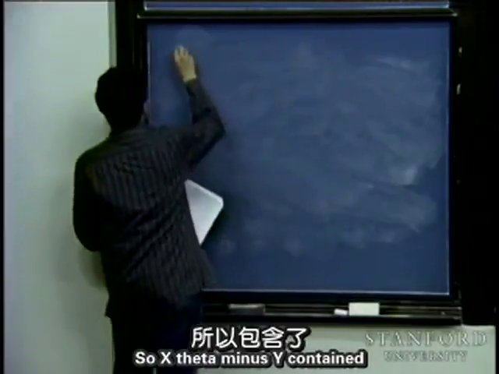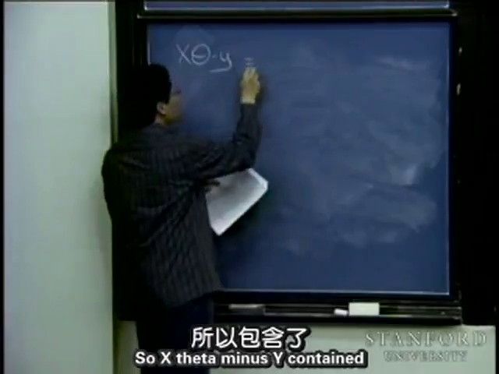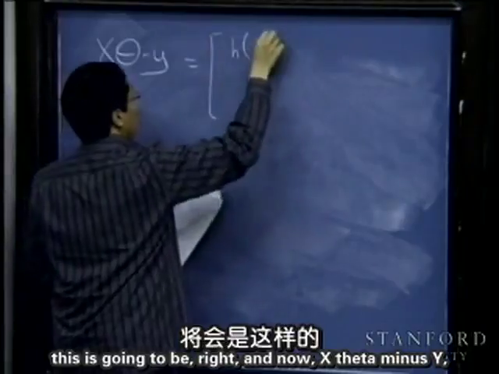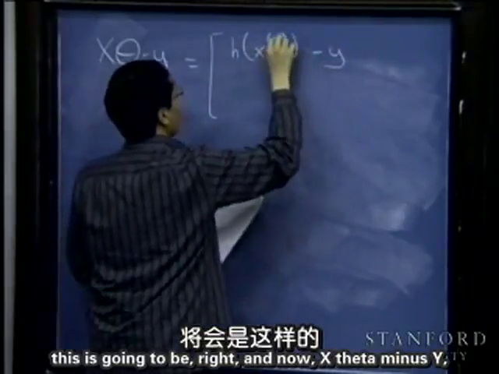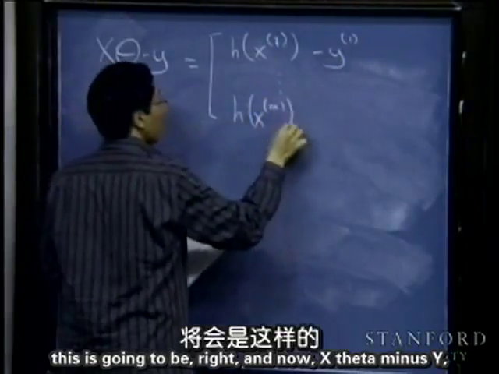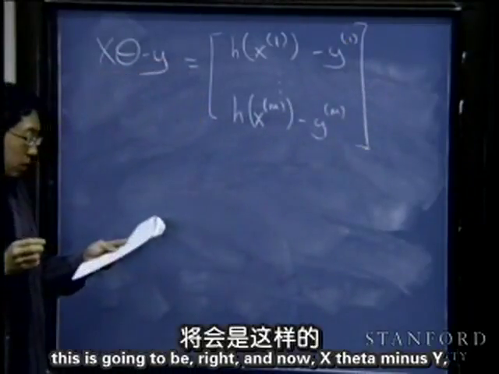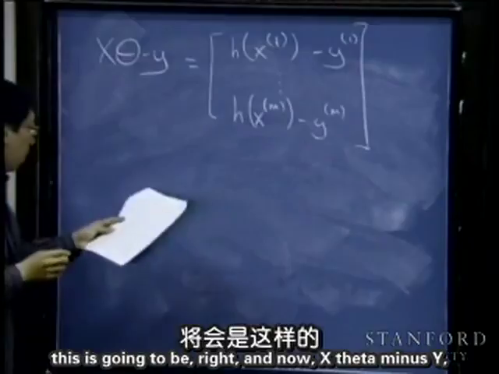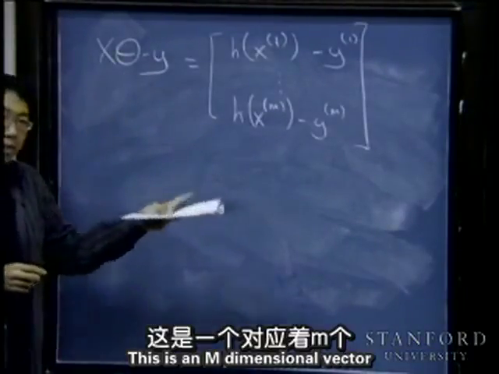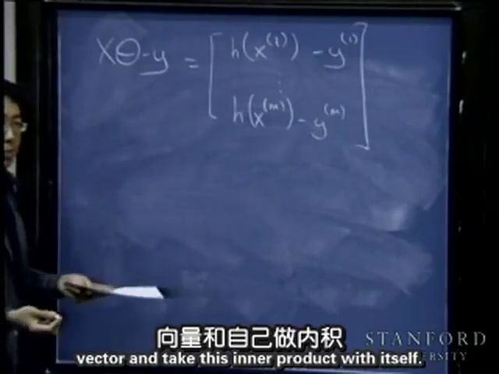So X theta minus Y, containing the math from the previous board, is going to be H of Xi minus Yi. And now X theta minus Y, this is a vector. This is an M-dimensional vector if I have M training examples. And so I'm actually going to take this vector and take its inner product with itself.